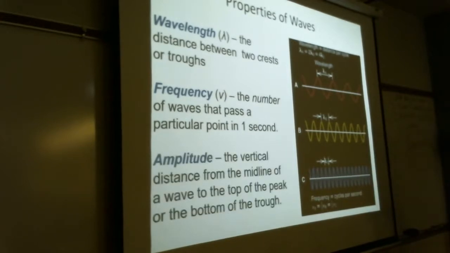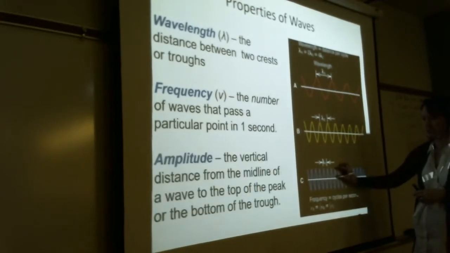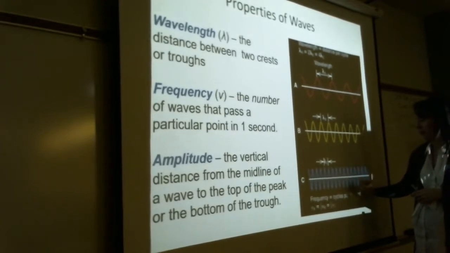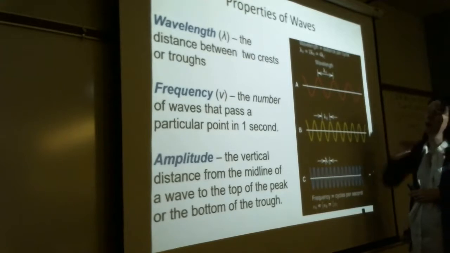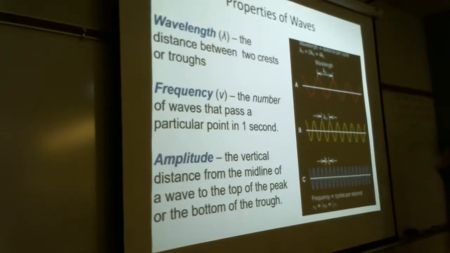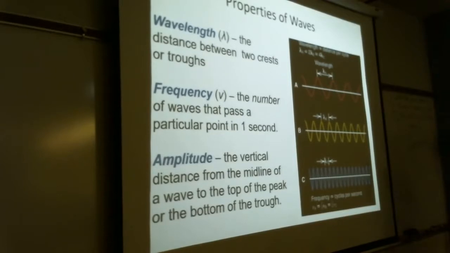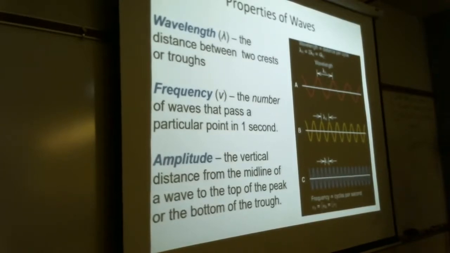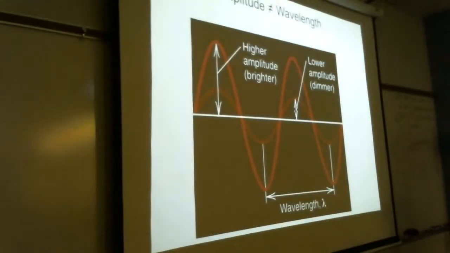And then the amplitude is the vertical distance from either the middle to the crest or the middle to the trough. Like I said, this is probably review for you guys. Don't get caught up on some vocab. Wavelength, frequency, and amplitude. We've heard these words before, right? Yes? Okay, so amplitude and wavelength are 2 words that students misuse, right?